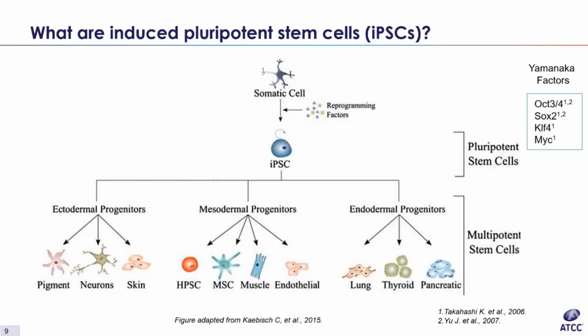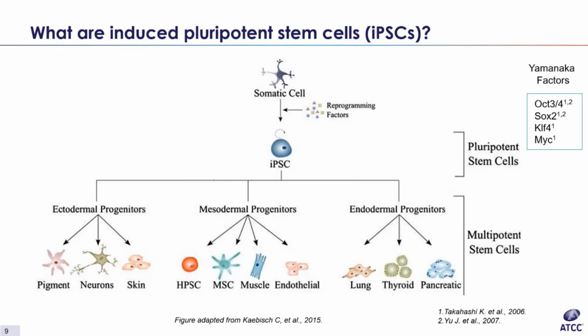iPSCs, which, as I mentioned before, stand for induced pluripotent stem cells, are derived from somatic cells that have been reprogrammed back to an embryonic-like pluripotent state. These iPSCs can be subcultured indefinitely as long as differentiating cells are removed from the culture. Alternatively, iPSCs can be terminally differentiated to any cell type via various culturing methods with lineage-specific media formulations.